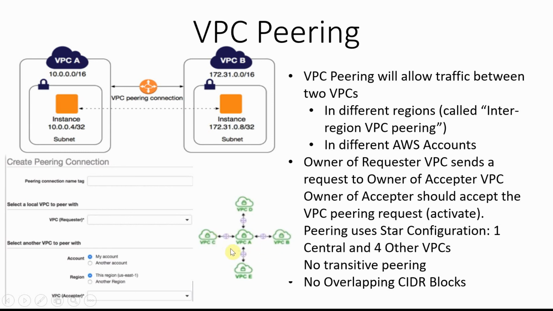I mean, if there is AB and AC, is BC connected by default? No, it is not. Between two VPCs, a dedicated line should be there. That's why it's called no transitive peering. One question that can come is whether transitive peering is possible in VPC connections. The answer is no, because transitive peering means AB, AC, then BC.